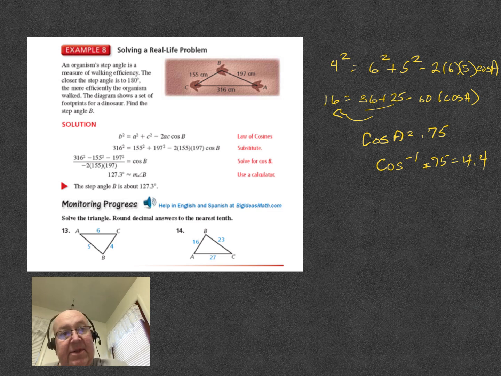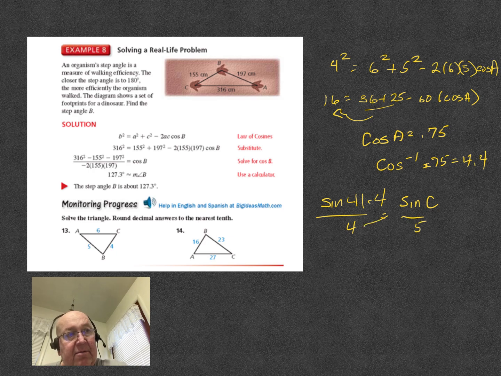So I'm going to go sine 41.4 over 4 is equal to sine C over 5. Multiply by 5, divide by 4, and I'm going to get that angle C is equal to 51.75.